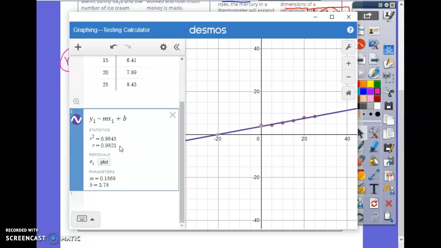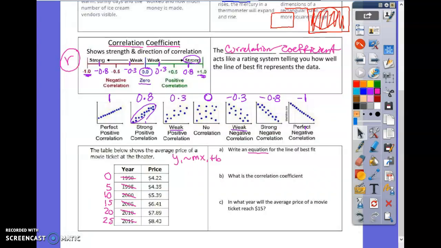Is that a strong correlation? Go back and look at your notes. That would be in between these two, right? Where it's almost perfect, but it's not. So the R that we just got is right here, 0.98. So it's almost close to perfect. Okay? So that's how I know that it's going to look something like this, almost really close to perfect.